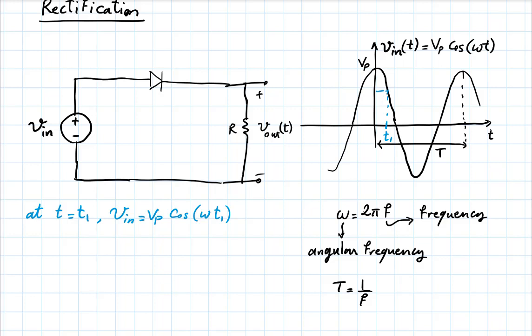What does that mean for V out? It would just be the same as V in. So if you write your KVL here, minus V in plus VD, if you call this VD, plus V out equals 0.